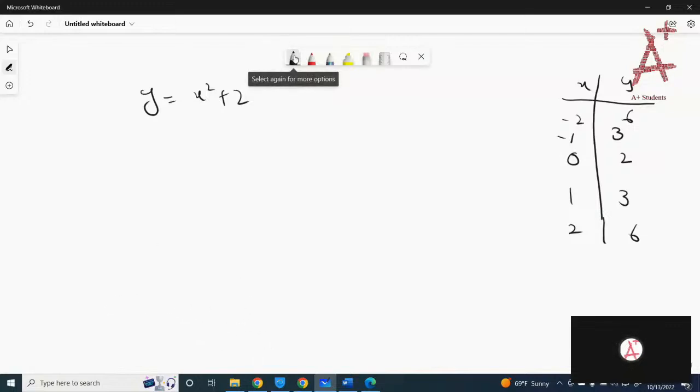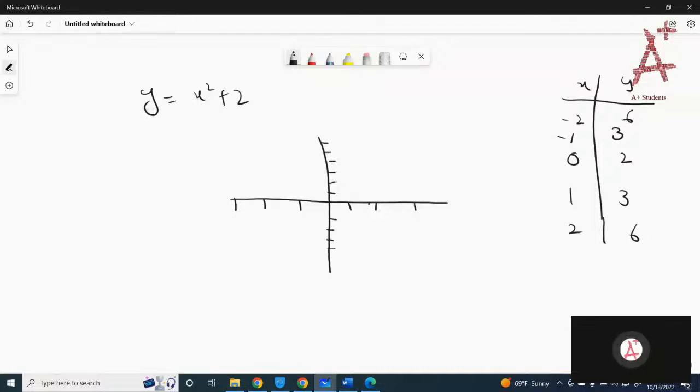Okay, 1, 2, 3, -1, -2, -3 on the x-axis. And on the y-axis, 1, 2, 3, 4, 5, 6, and -1, -2, -3, -4, -5, -6.